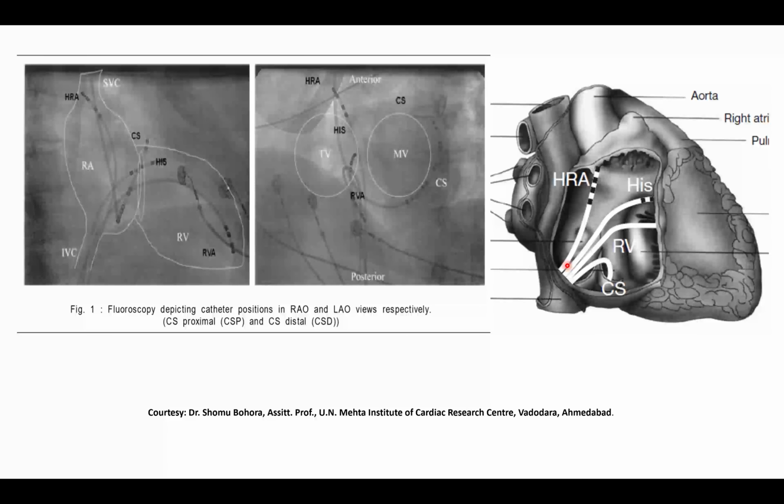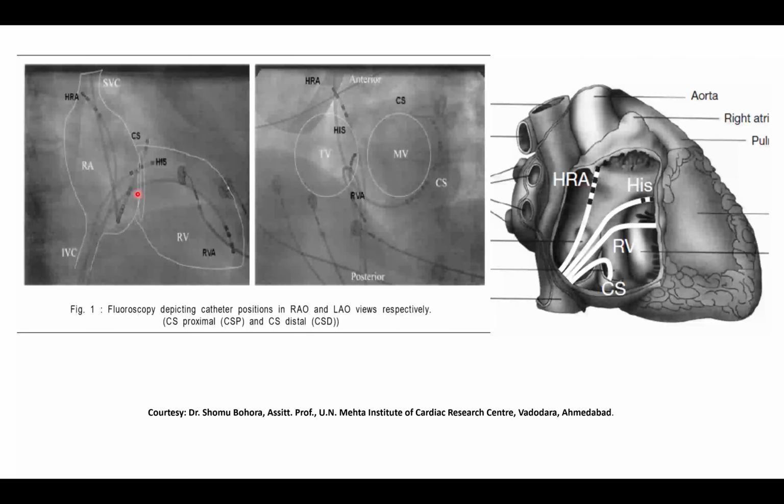Although if it's a pathway mediated tachycardia, going antegradely through the pathway and retrogradely coming through the node, it will be a negative HV tachycardia. But apart from this, all other supraventricular tachycardias, if not pathway mediated, are positive HV tachycardias. That's why His is very, very important for us. I'll show you how to place His. His is a structure at the apex of the triangle of Koch, and I'll show how it records.